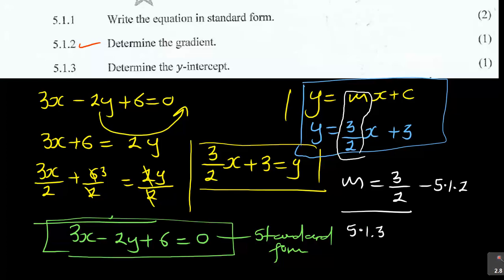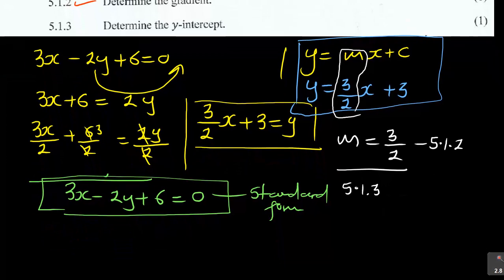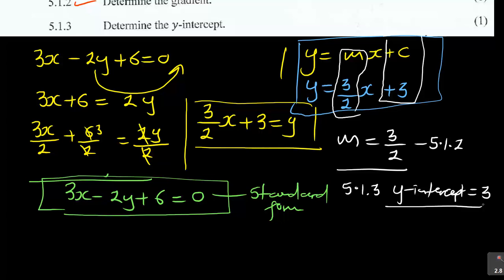Determine the y-intercept. It's 1 mark. The y-intercept is c, and you can see that the y-intercept is equal to 3. So once you get the first one, it will also give you the other one. That is how you are supposed to solve that.